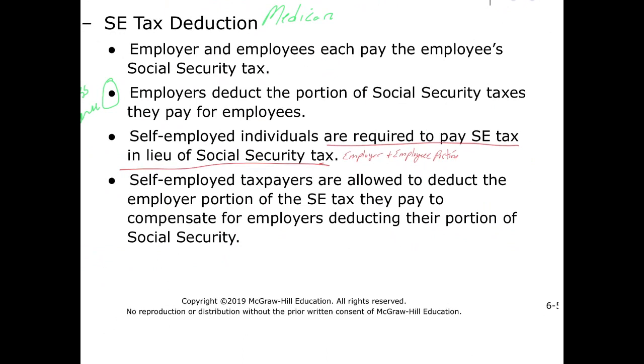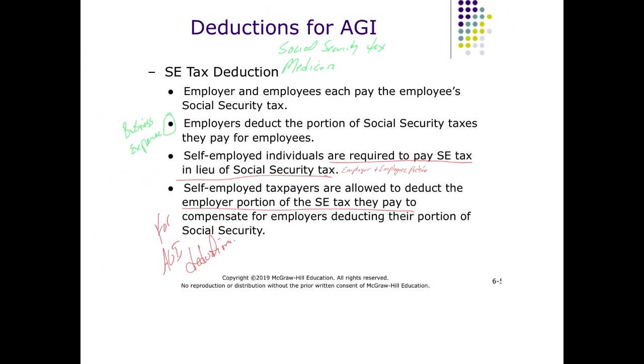So what happens then? Well, what happens then is self-employed people are then allowed to deduct the employer portion of the self-employment tax, okay, that they pay as a for AGI deduction, okay? And we'll do a big example of this in class on Monday.